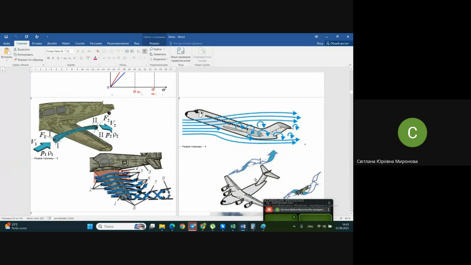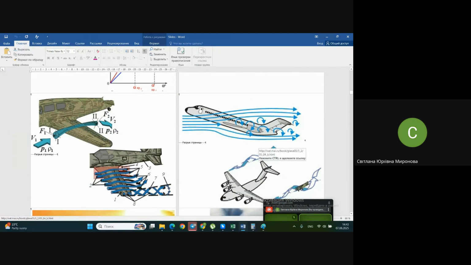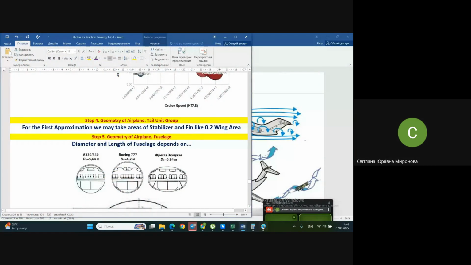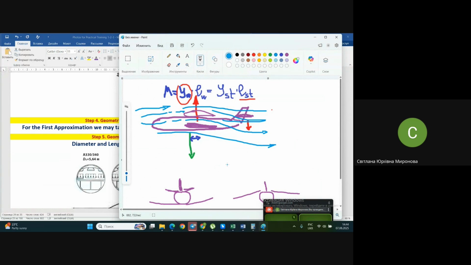By the way, it's visible here, you see, a high wing and a T-shaped stabilizer, T-scheme of stabilizer. So once again, it's necessary to consider where to place the stabilizer relative to the wing.